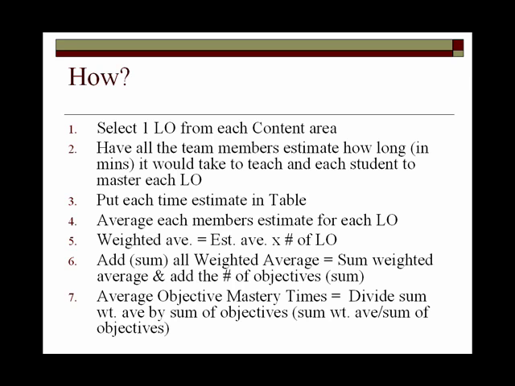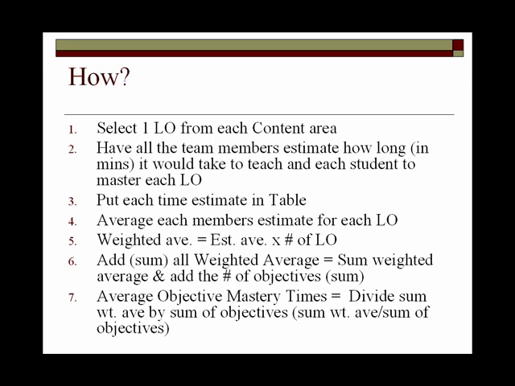Okay, so the next thing we need to do is get a weighted average. To do a weighted average, we need some more information. If you look at column B, it says number of objectives in this category. So in the fitness category, how many total objectives do you have in there? For our assignment, each one of these categories is going to be the same, which is 3, because I only had you do 3 objectives. But in a real curriculum process, you would have more than just 3.